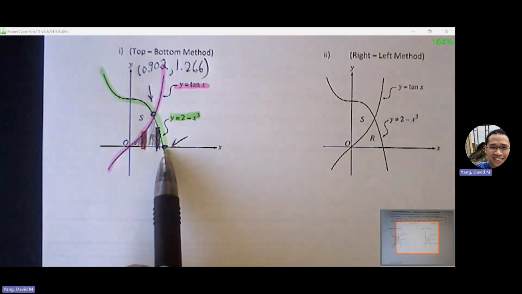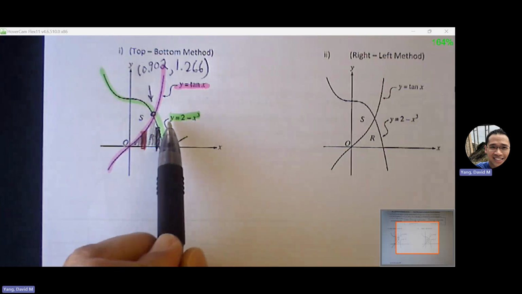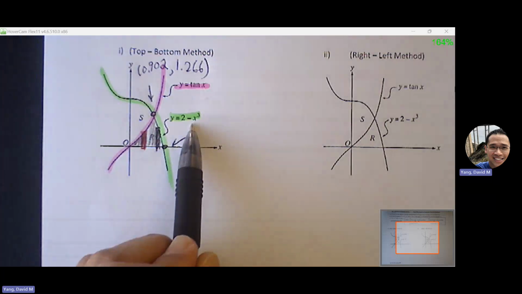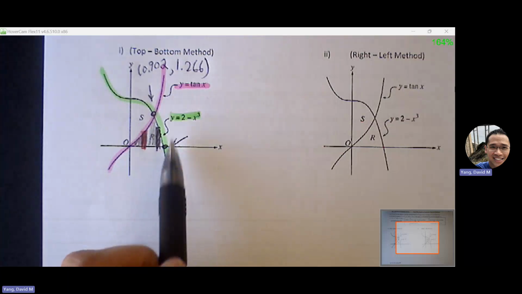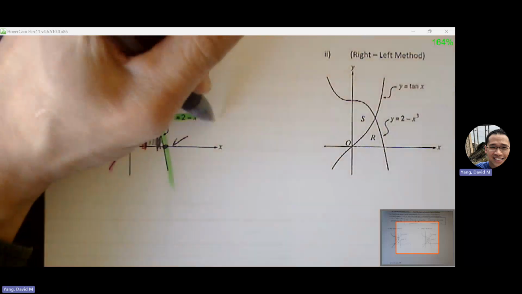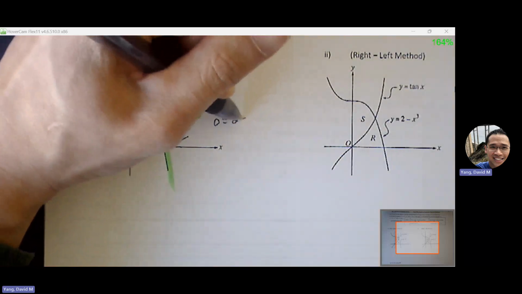So if I want to find this x-intercept, I can just replace y with 0 and solve for x, right? This is the x-intercept of 2 minus x cubed. You can use your calculator to find that x-intercept, or you can find it algebraically. So I'm going to just do it algebraically here.